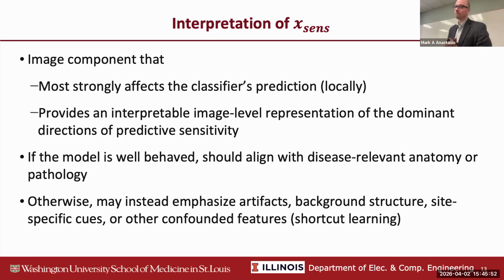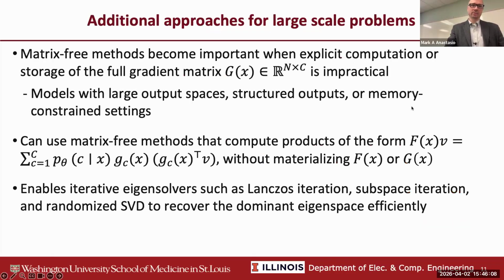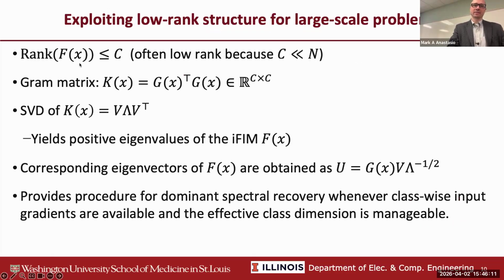Number of passes by number of passes, of the input Fisher information matrix, or which matrix? Let's go back here. The dimension of the sensitive subspace would be, well, the rank of the Fisher information matrix is less than or equal to C, the number of classes.